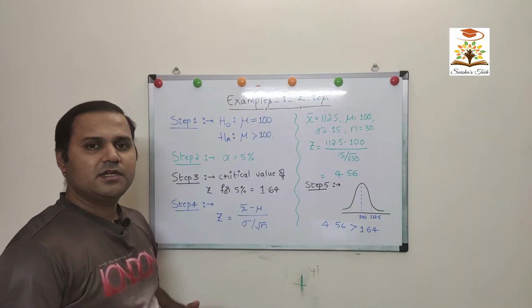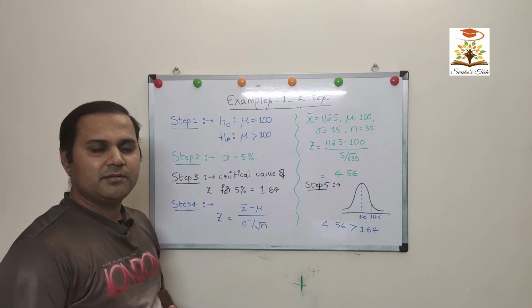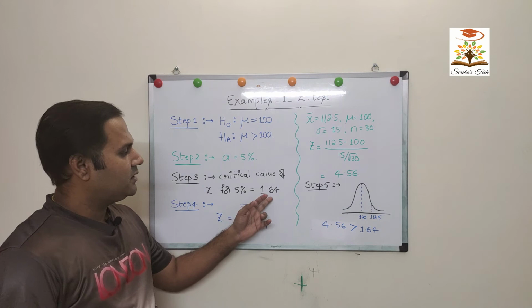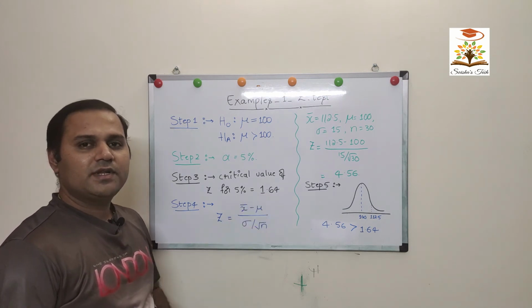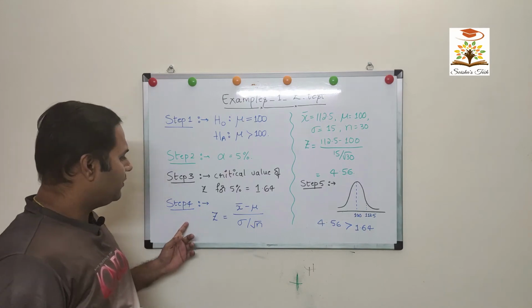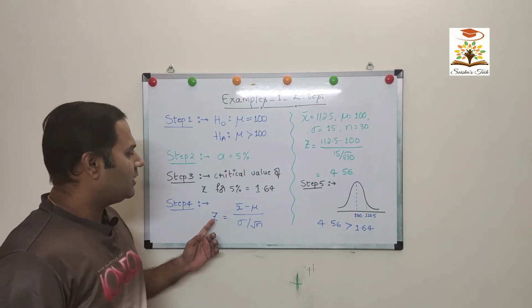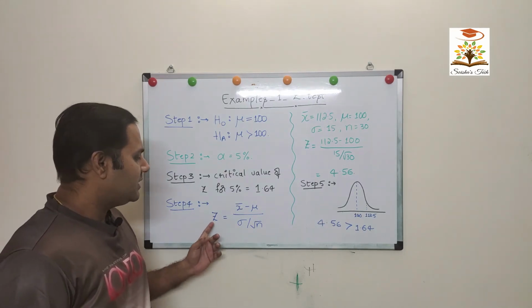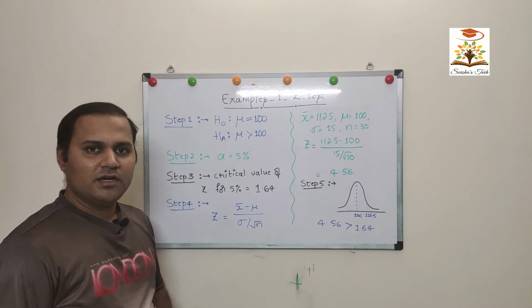As we have understood that the critical value from the Z table for 5% significance would be 1.64, we will utilize this for comparison. In step 4, we are going to substitute all the parameter values into the Z-test formula.